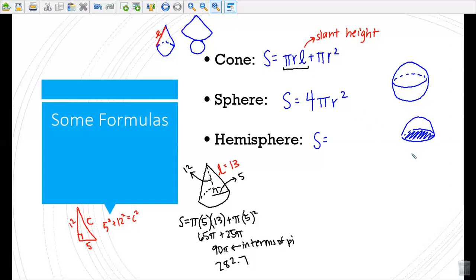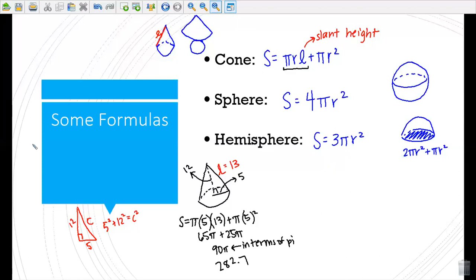So I can cut my sphere formula in half. 4 divided by 2 is 2. But then I have to take into account that bottom circle. To find the area of that circle, we have pi r squared. And if I have 2 pi r squared plus 1 pi r squared, I'm left with 3 pi r squared. This is just where it comes from, but you just got to make sure you have your formula written down or memorized.